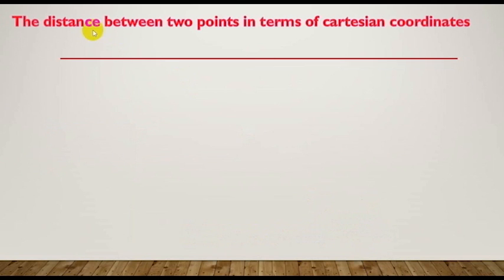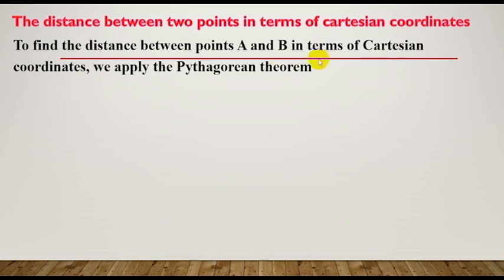We will now see the distance between 2 points in terms of Cartesian coordinates. For the distance between A and B in Cartesian coordinates, we apply the Pythagorean theorem.